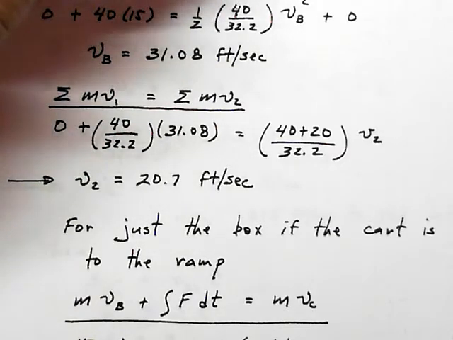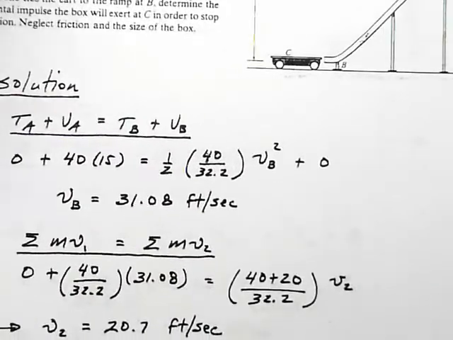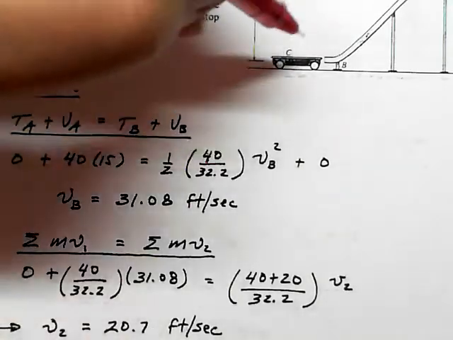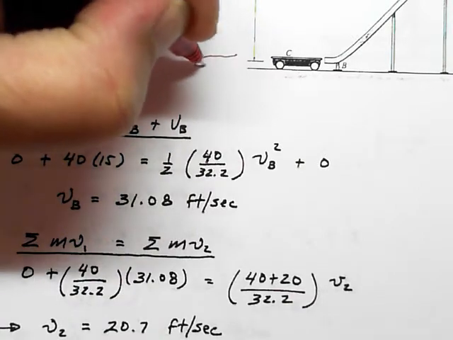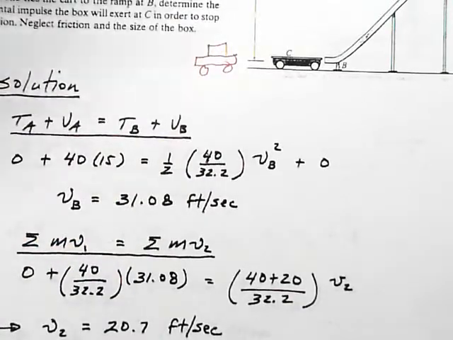After the box jumps onto the cart, and they have come to an equilibrium where sliding has stopped, let's draw it over here, when the box is on the cart and all sliding has stopped.